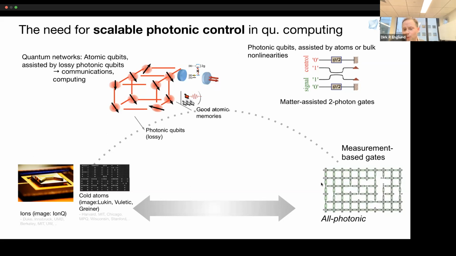That's probably the most demanding approach for optics because it requires so many modes.